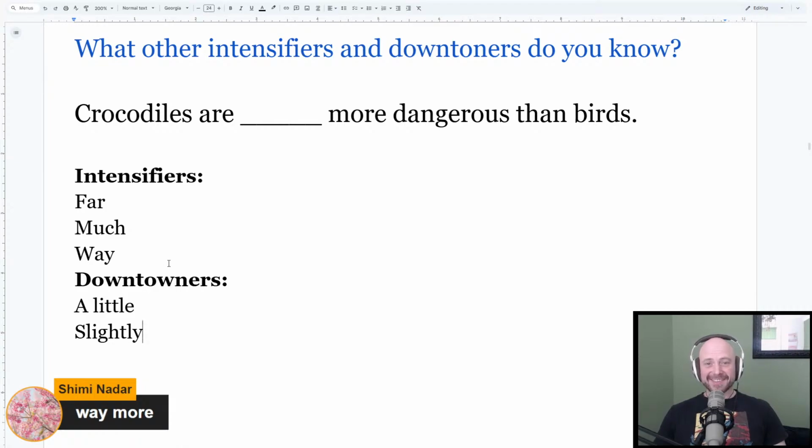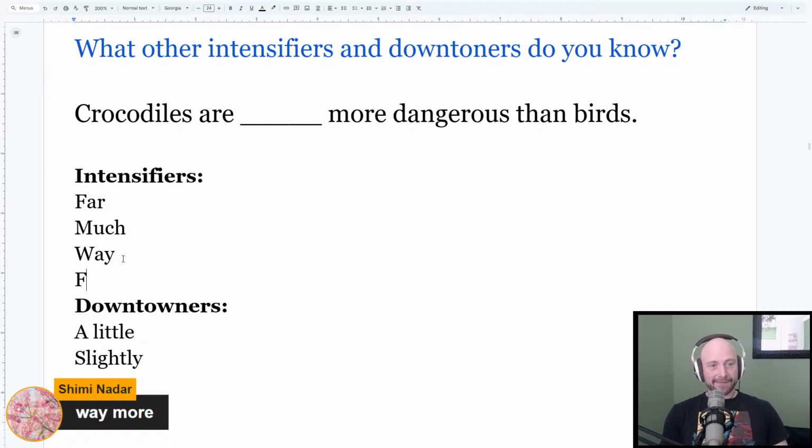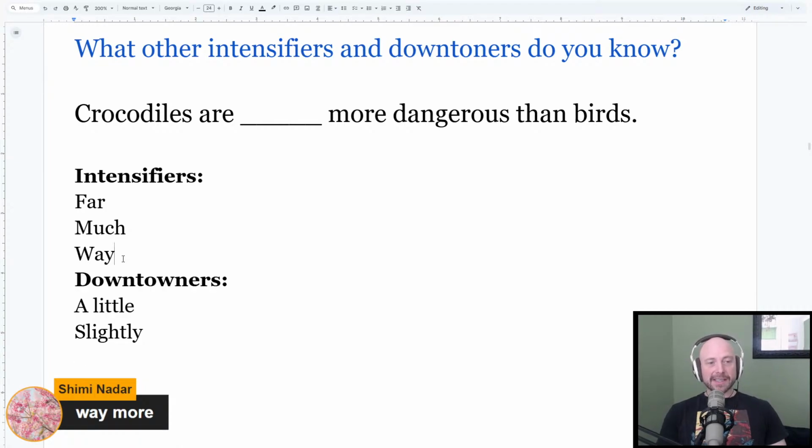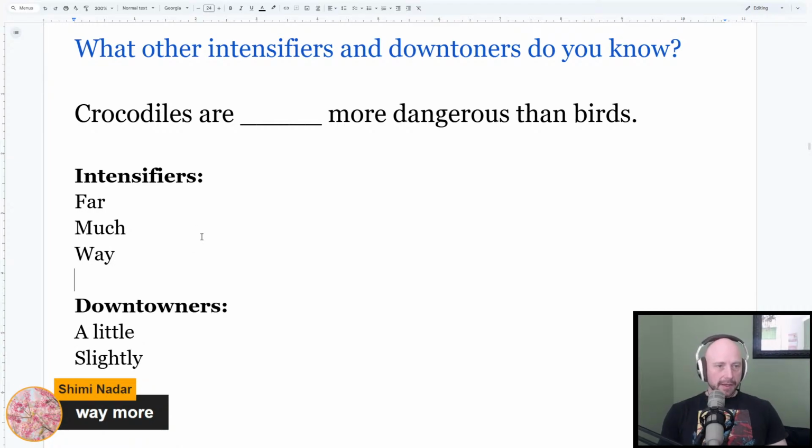Approximately is good. Fairly is good as well. Fairly is a really interesting one, because fairly, whether it actually means a lot or a little, can depend on the context. So significantly is a good one.